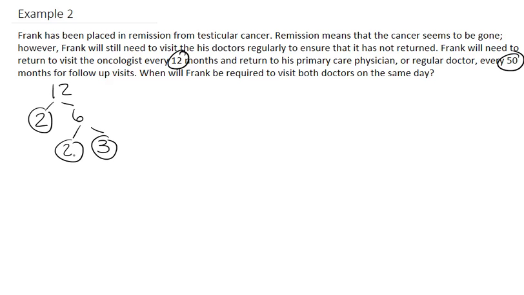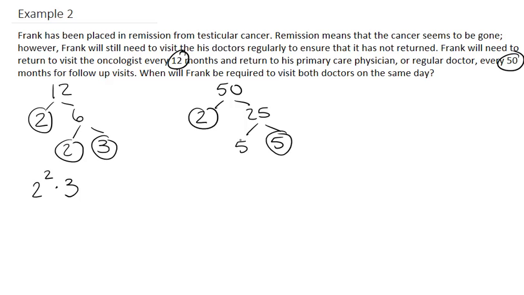So the prime factorization is 2 squared times 3. Now 50 can be broken down into 2 and 25. And then 25 can be broken down into 5 and 5. So this one, the prime factorization is 2 times 5 squared.